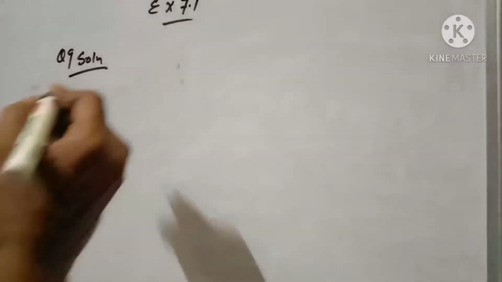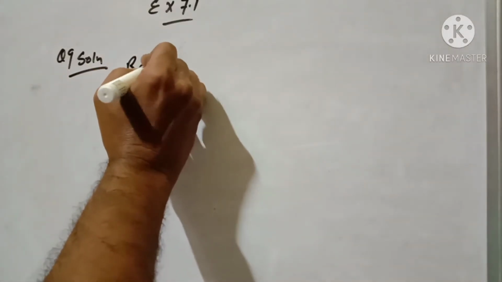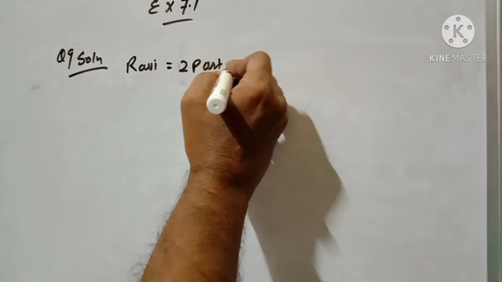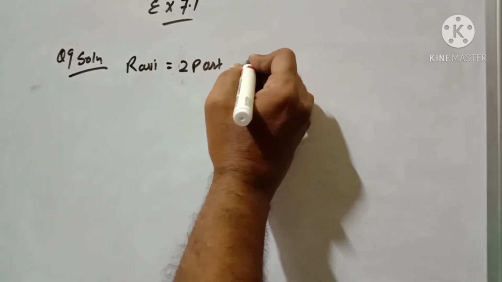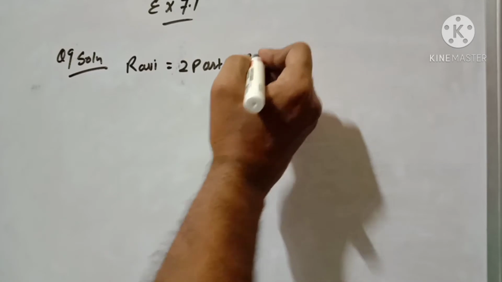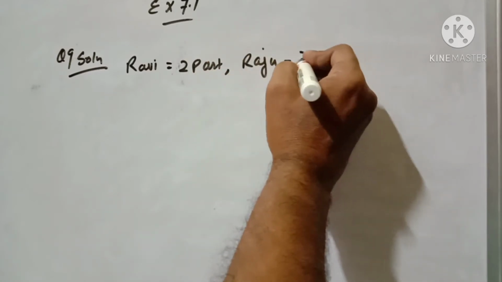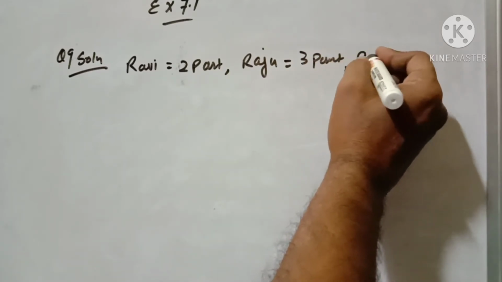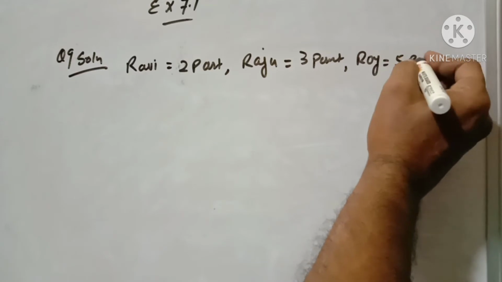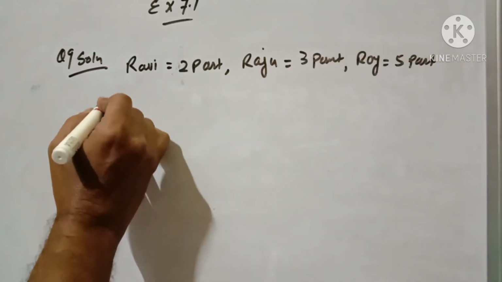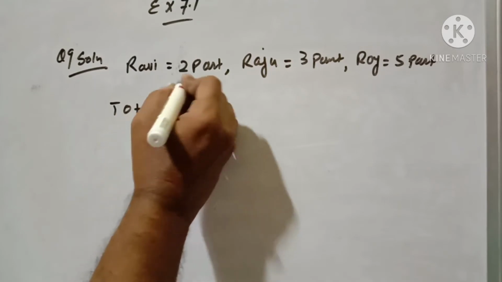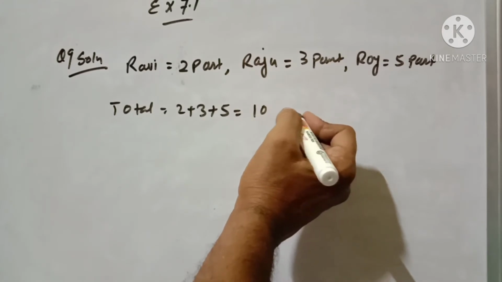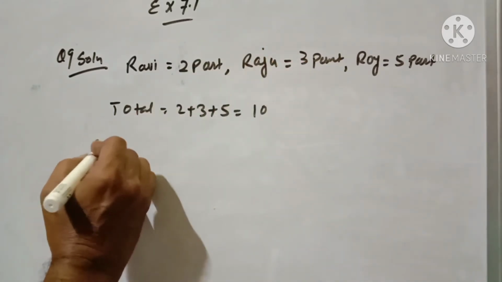So first of all we have to write Ravi got 2 part, Raju 3 part and Roy 5 part. So total part equal to what? 2 plus 3 plus 5 equal to 10 part. Total 10 part.